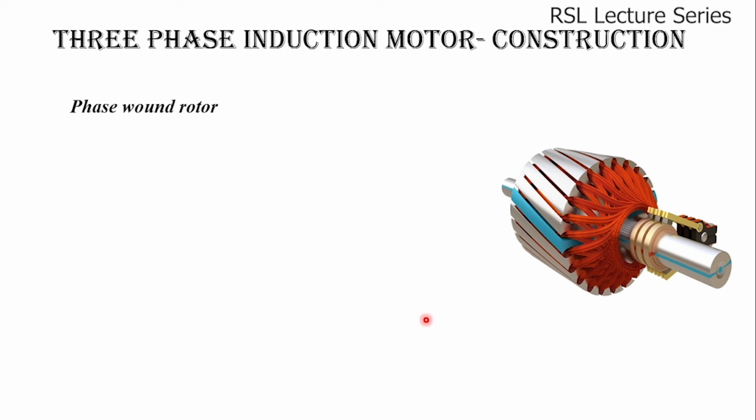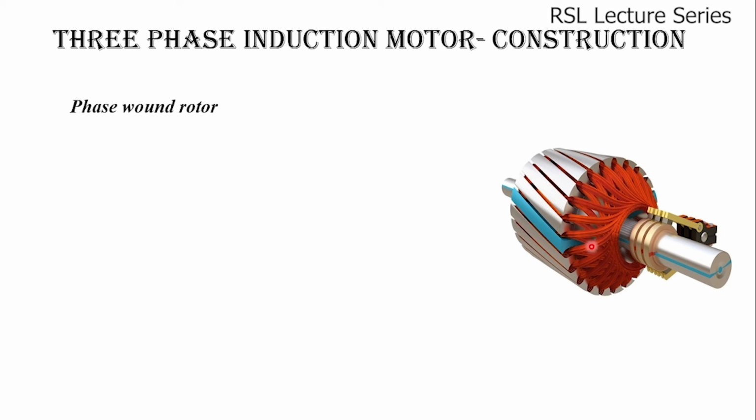So this is the construction of the phase wound rotor. Similar to the squirrel cage, this also comprises slots. It is a cylindrical structure consisting of slots. The slots are given a slight skew, placed parallel to each other, and again this is a semi-closed slot: one end is open, the other end is closed.